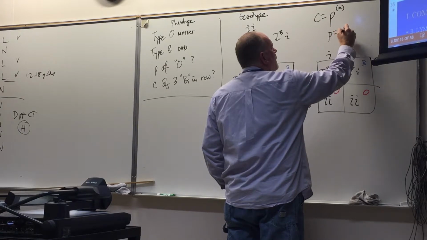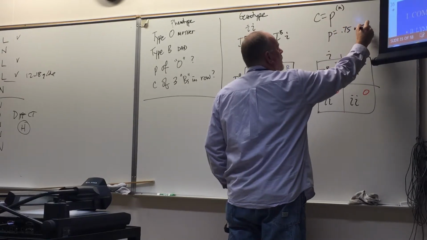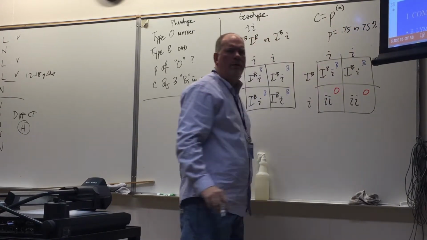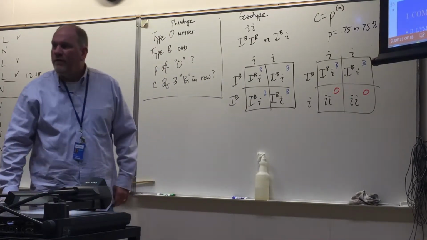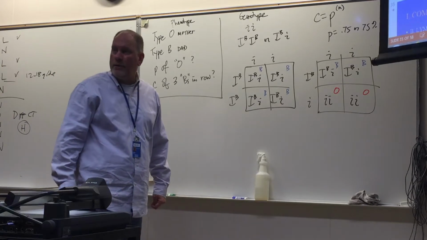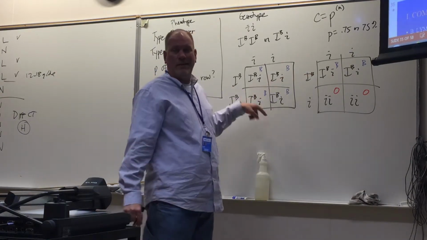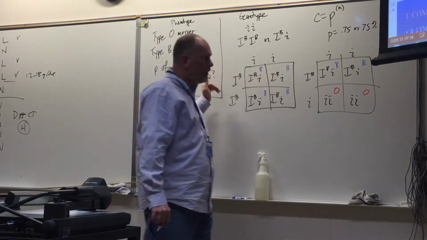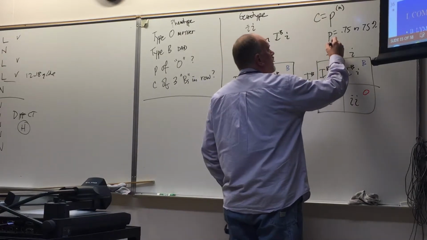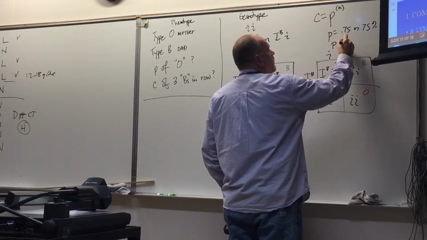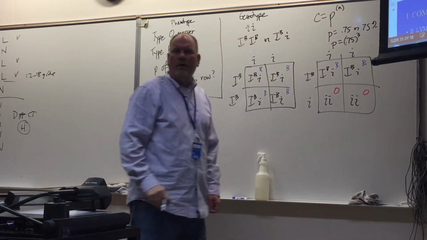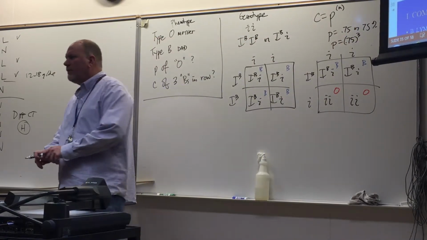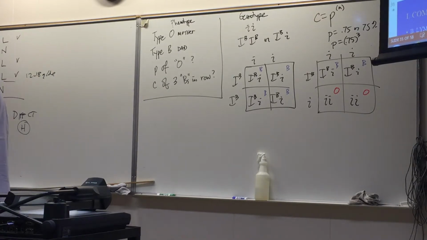Probability for a B is 6 out of 8, or 75%. You all on board with this? Because we got 6 out of 8 B's, different, not the O's anymore. Read the question. So we got probability equals 0.75 to the third power, which is 0.75 times 0.75 times 0.75.